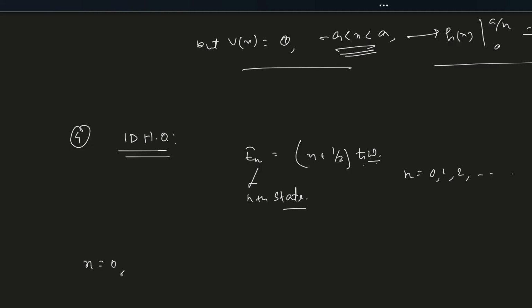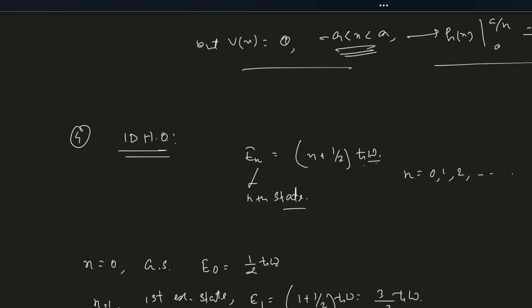For n equal to 0 the particle is in the ground state, GS, where E0 is just half h cut omega. For n equal to 1 it is the first excited state, E1, the first excited state energy, that is (1 plus half) h cut omega, or 3 by 2 h cut omega.